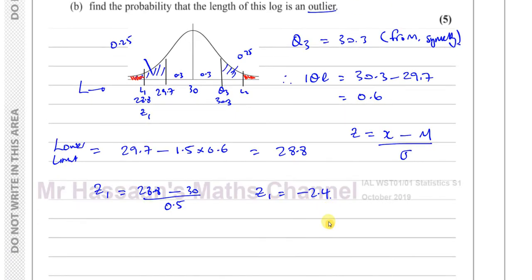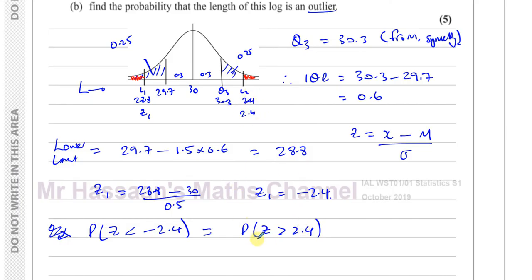So I want to find the probability that Z is less than negative 2.4, and I need to do 2 times that basically, but I'll do that in the end. That's the same as the probability that Z is greater than 2.4. Remember, we don't have values of Z that are negative in our table, so I have to focus on 2.4.